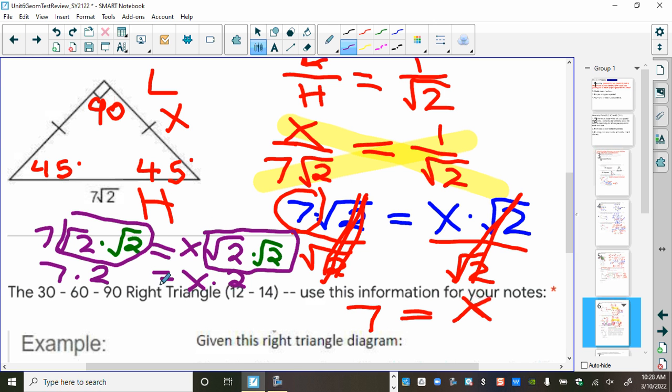So 7 times 2, x times 2. Well, what's 7 times 2? Equals, well, x times 2 is the same as 2 times x, right? And then the very last step in both cases, we divide both sides by 2. And then what do we get? What's 14 divided by 2? So you still get 7.